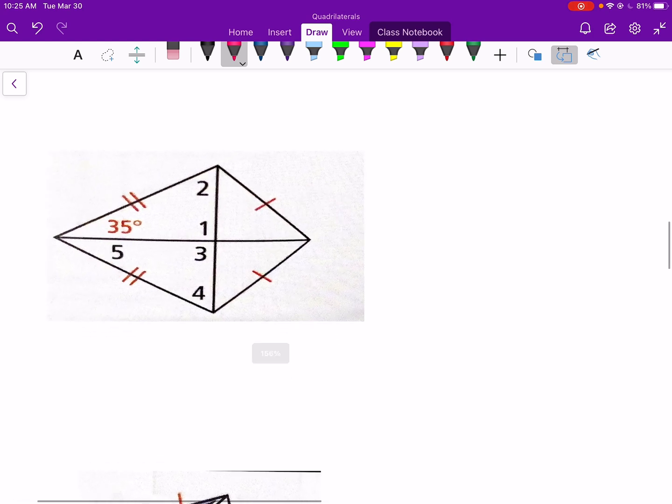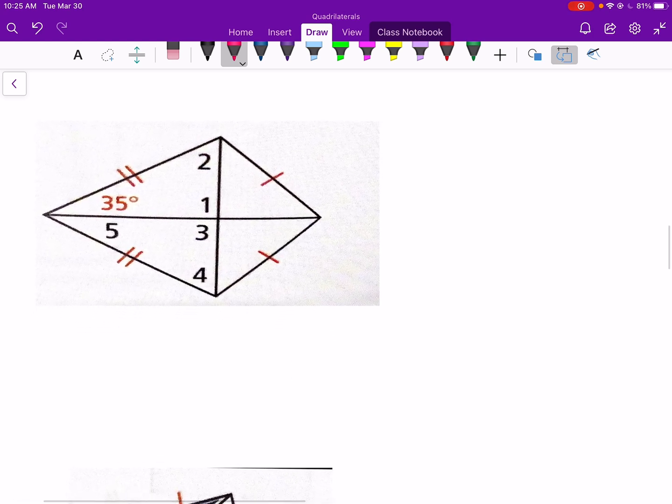So let's dive into our first example. We are going to find all 5 angles. So angle 1, 2, 3, 4, and 5. First things first, our theorem tells us that the diagonals of our kite are perpendicular.